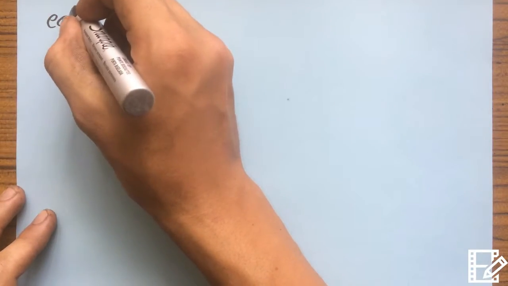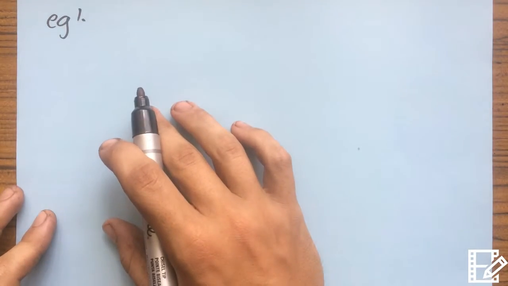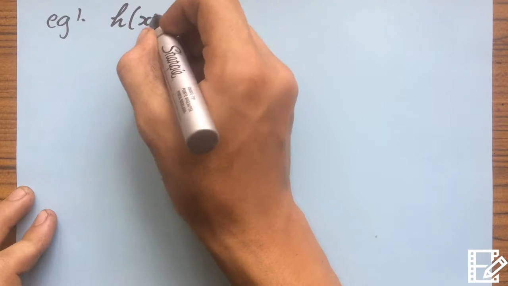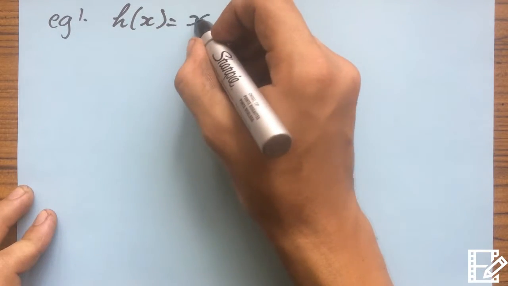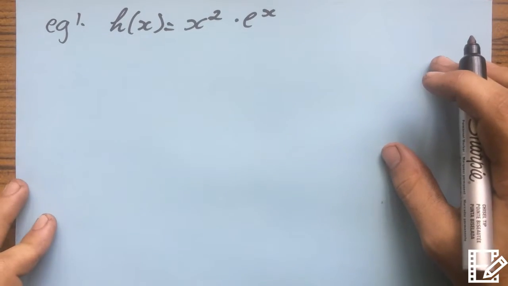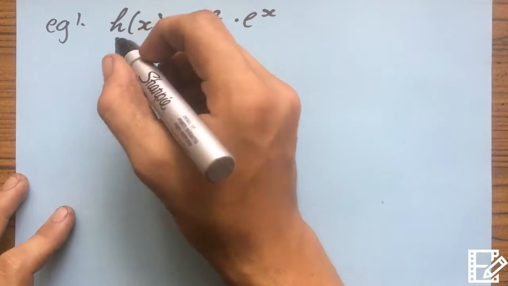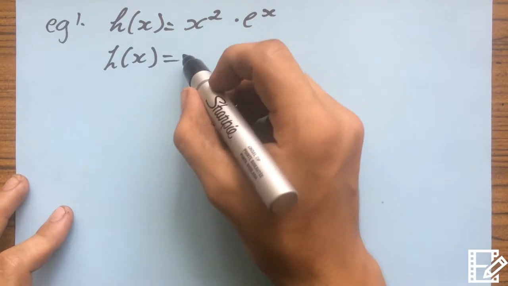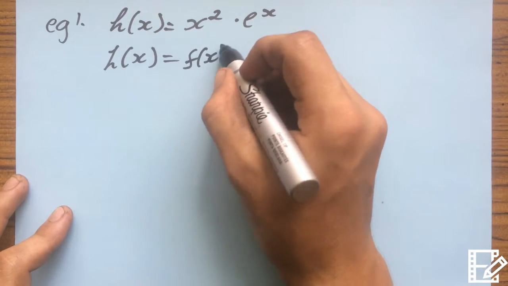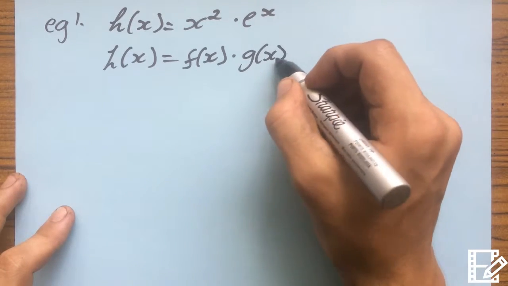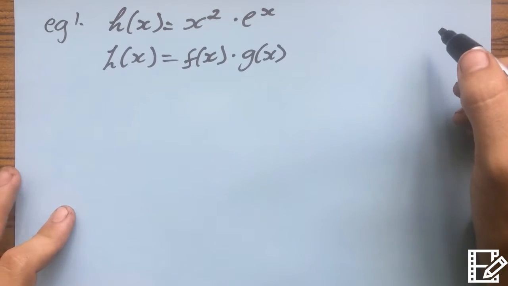Let's start with an example. h(x) equals x squared multiplied by e^x. So that's when we have a function being x squared multiplied by another function, that being e to the power of x.